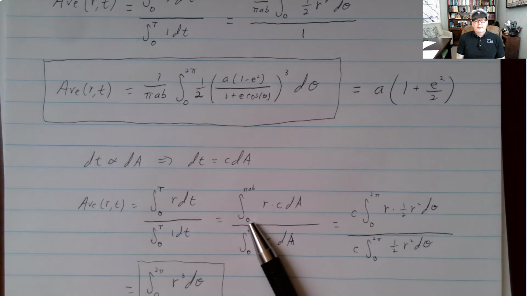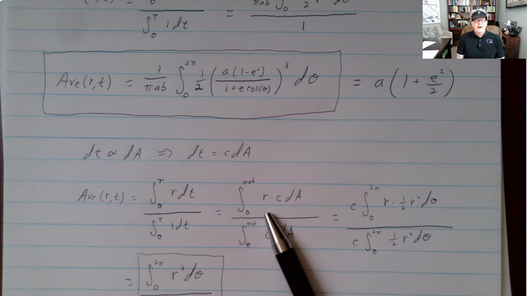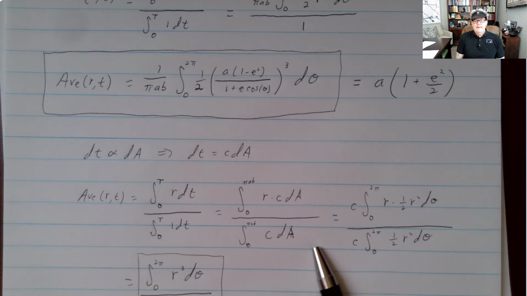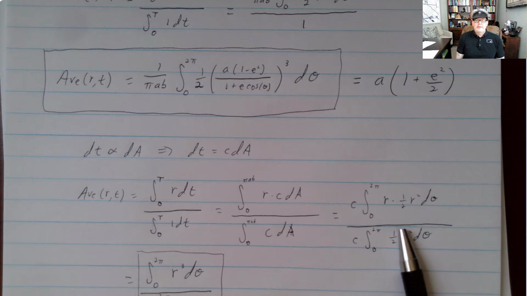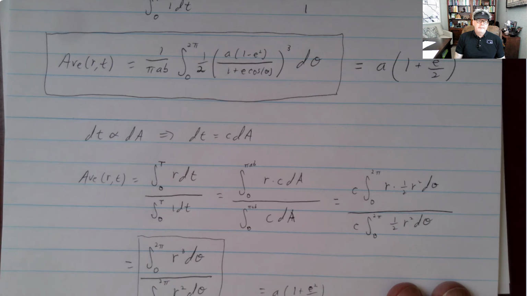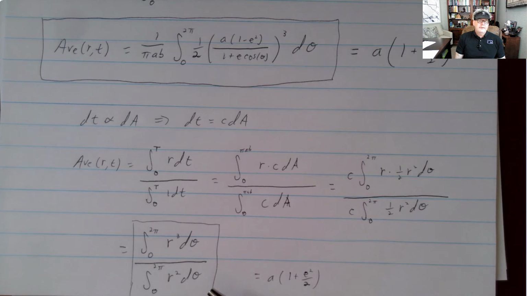So I want to integrate over the full area of the ellipse, which even if you didn't know what it was, it didn't matter because it's going to cancel anyway. It'll be r, and then dt is c dA. So if I put that in, the c's factor out and of course cancel. And then dA, the important thing is that I know it's 1/2 r squared d theta. And then I canceled the 1/2s as well. So it's also going to be this integral. I could just do this integral, and again, it'll always be a times 1 plus e squared over 2.